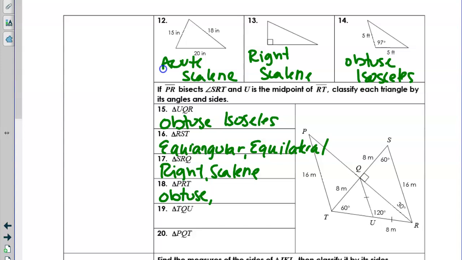What was it? Obtuse and isosceles. It was isosceles. Good. How about triangle TQU? Acute scalene. That was not quite right.